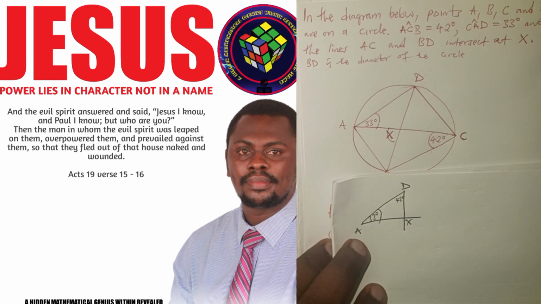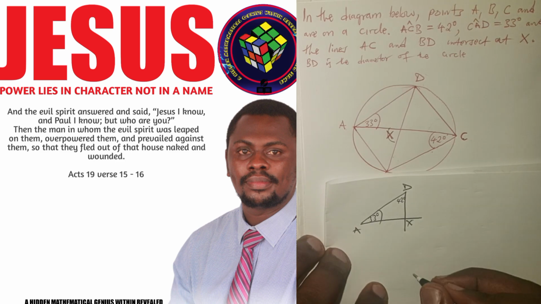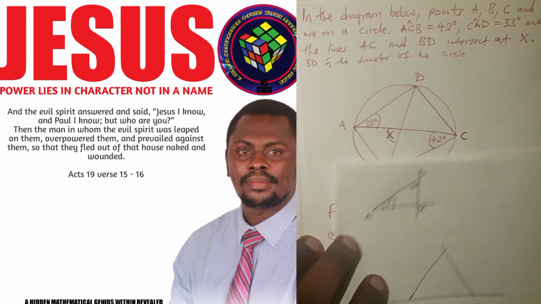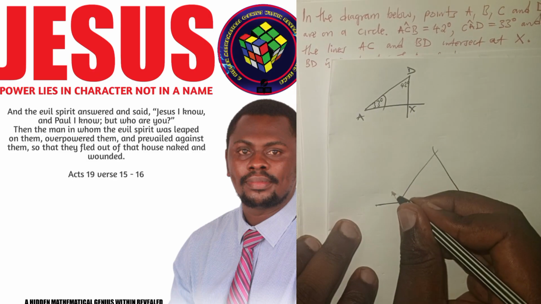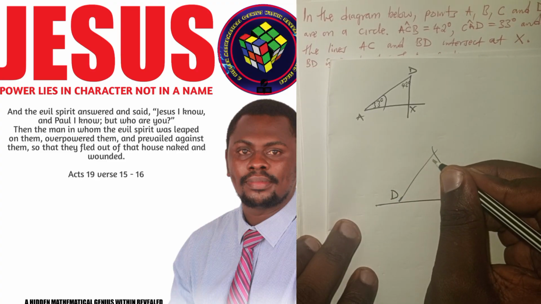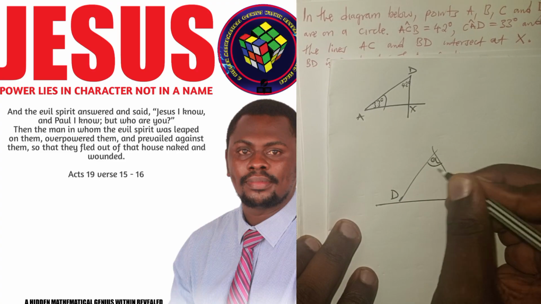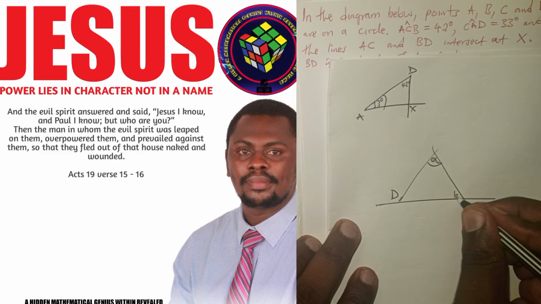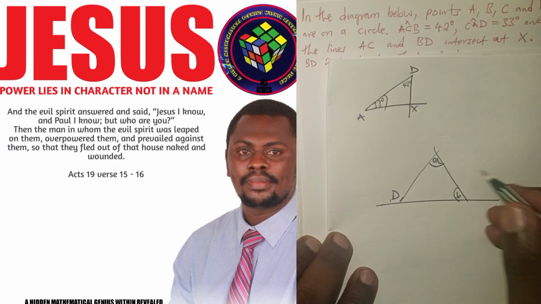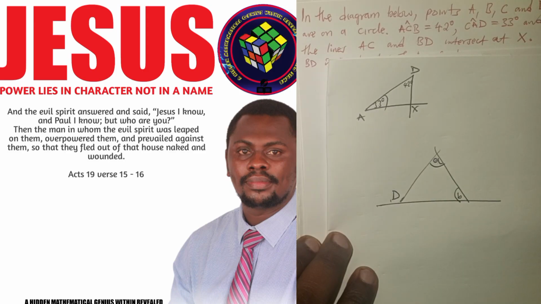And what we should always remember is that if you have a triangle, an exterior angle of a triangle, if this angle is D, it should be equal to the angles here. Let's say the angle there is A and the angle there is B. The opposite exterior angle is equal to the sum of the opposite interior angles. So you just add these two.